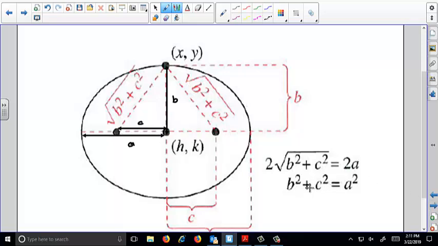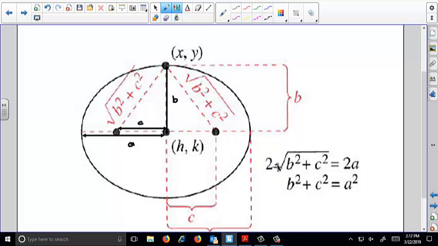We get this relationship that A squared is equal to B squared plus C squared. And that kind of makes sense just from a magnitude standpoint, because these two are shorter. This is the longest one. A is the longest one. So let's see if we can figure out why that's the case.